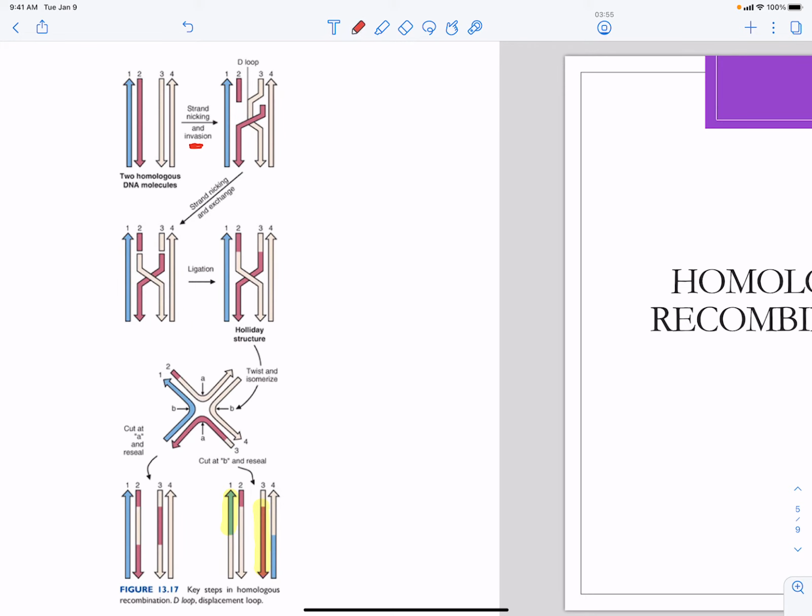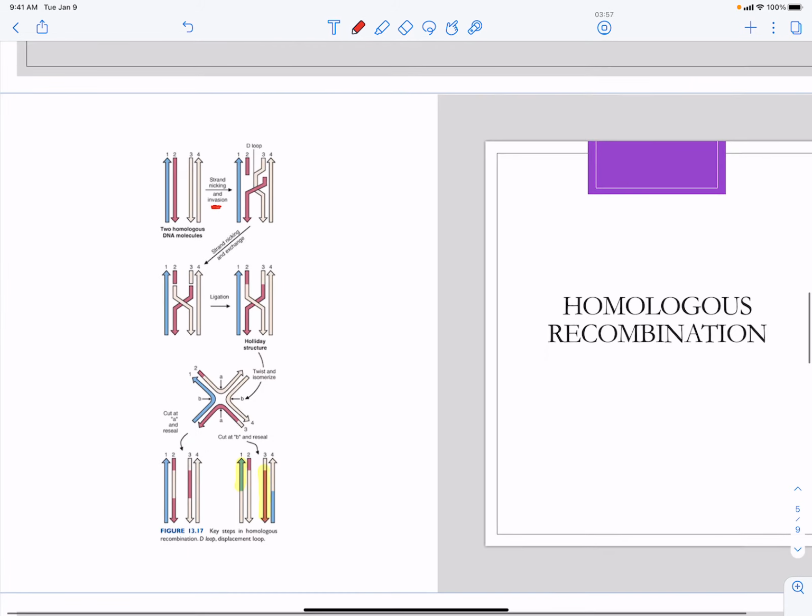Now, recombination can occur during prophase I, and your DNA is going to involve the Holliday intermediate.